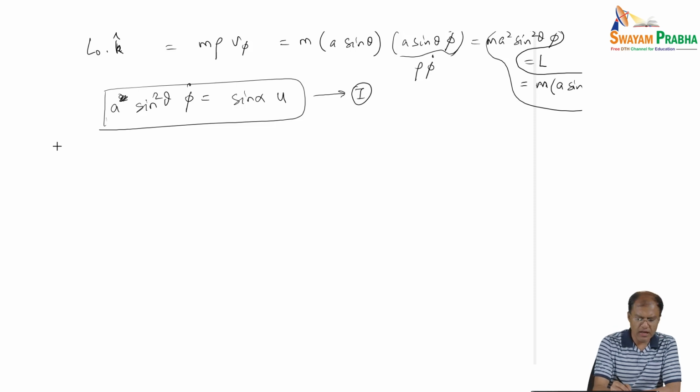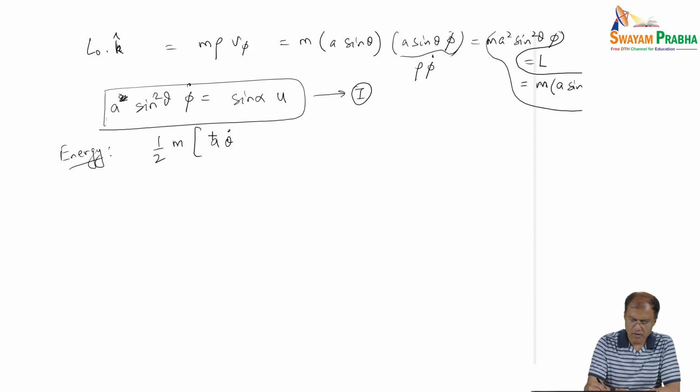Now the total energy: this is an isolated system, so the total energy is conserved. We write the kinetic energy, half m v square, which is half m times a theta dot square plus a sine theta phi dot whole square.